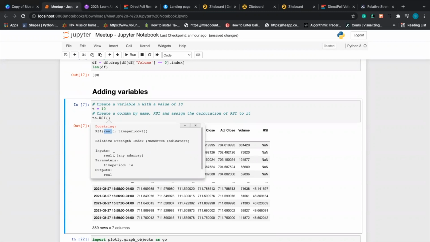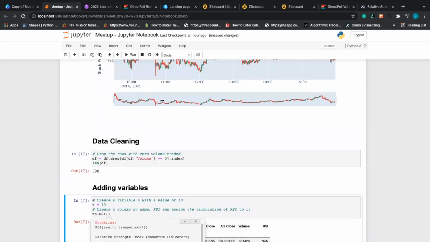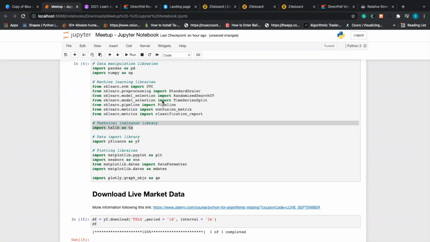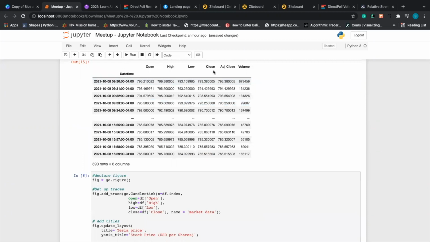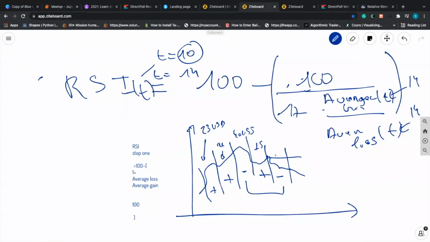And if you look at the real, what they want as an input is an array, which means they want the information as an array. And what corresponds to the real for the Talib library is the market data. The market data that we are going to use is the closing price. We are going to calculate the RSI based on the closing price, which means, if we go back to our graph about the RSI, that's going to be the closing price.